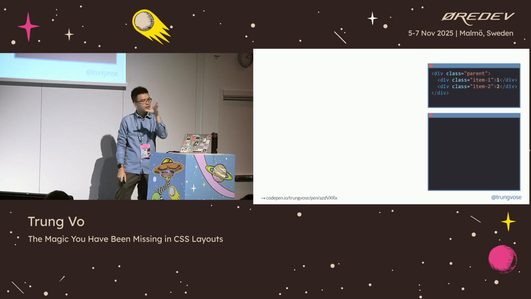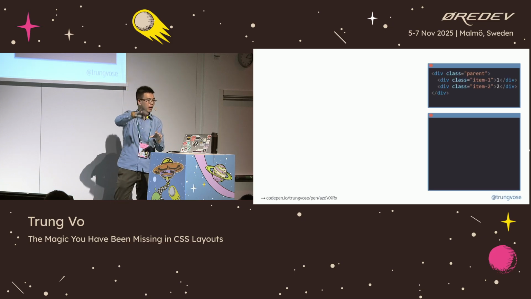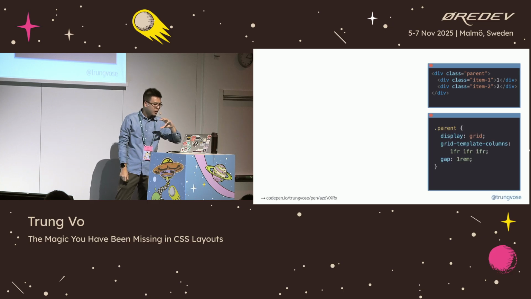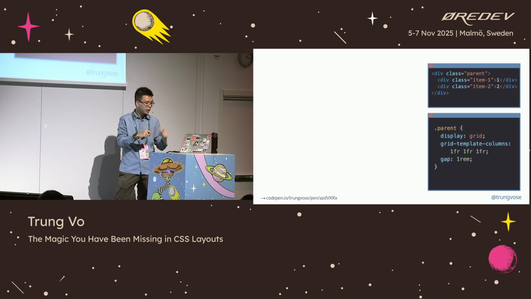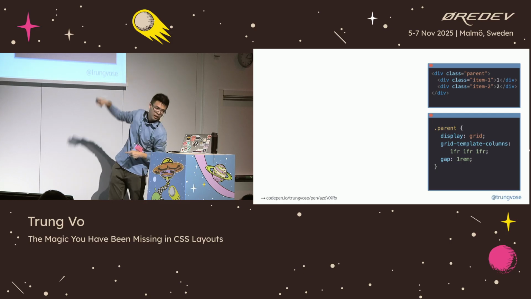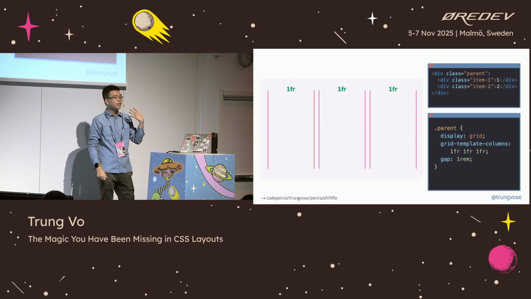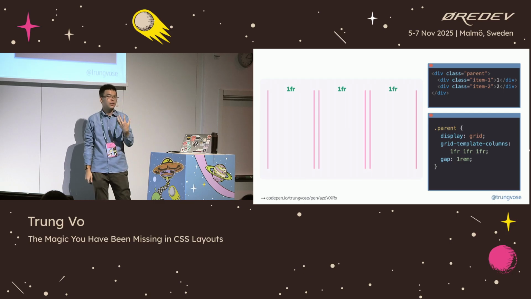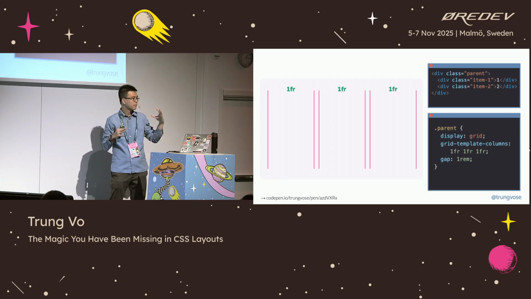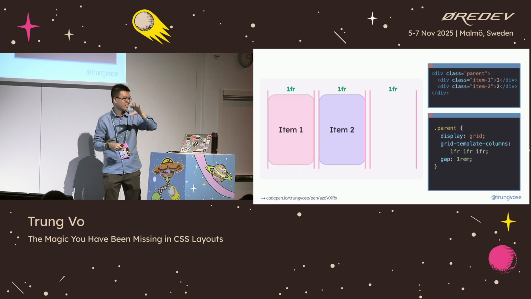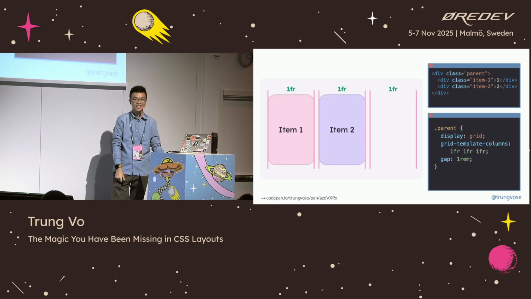So we have 1 parent and 2 children. We're going to have a Grid container. You want to define 3 column tracks, and you use grid-template-columns: 3 things next to each other, 3 columns. And as you only have 2 children and a 3-column template, what's going to happen? They are going to be put into the first 2 columns. As simple as that.